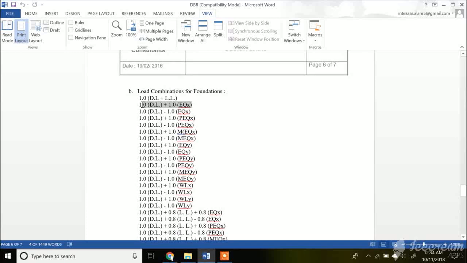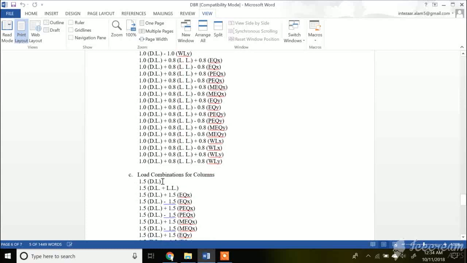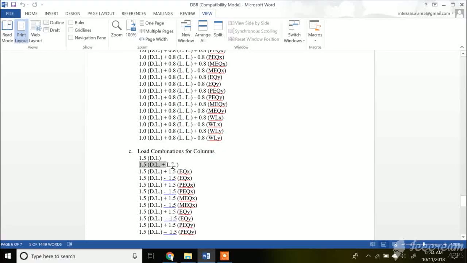Now why is this unfactored load considered for foundation? Because while designing the foundation, this is not the final load. The reaction obtained from this load combination will be again multiplied with the factor of safety for your foundation design. Meanwhile, in your structure design, this is your final design load combination with factor of safety.